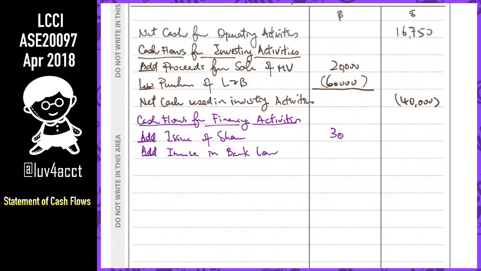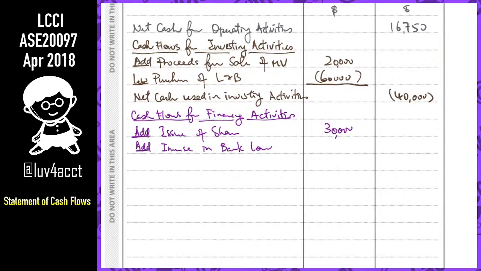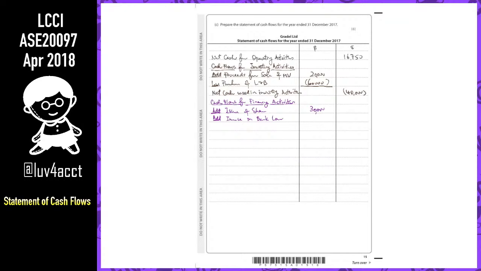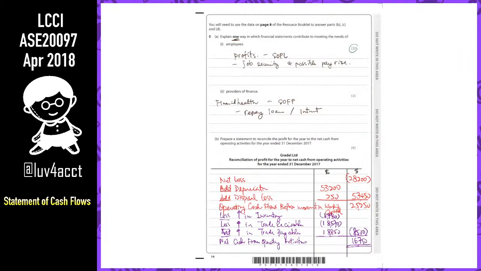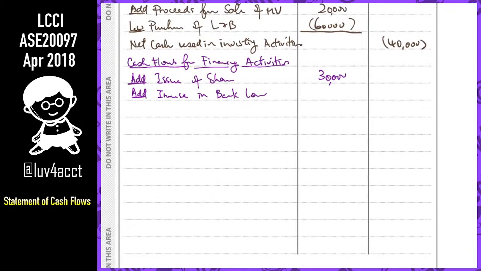Yeah, remember 30,000 here. How about bank loan? 25. Bank loan, yes, 25. Okay, and then let's see, 25. So we have 55 here.